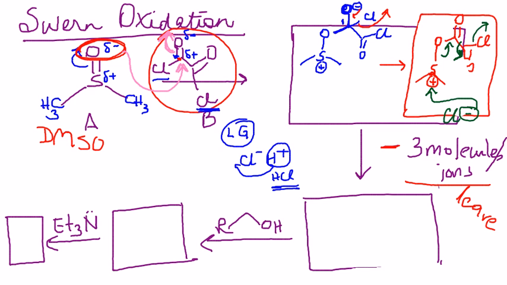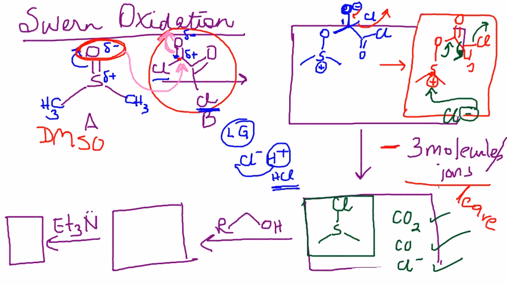So your 3 molecules that will go away will be CO2, carbon monoxide, and Cl negative, and what will remain is this species. So you have 2 species: one species that just got generated, and CO2, CO, and Cl negative, those 3 will leave this intermediate.